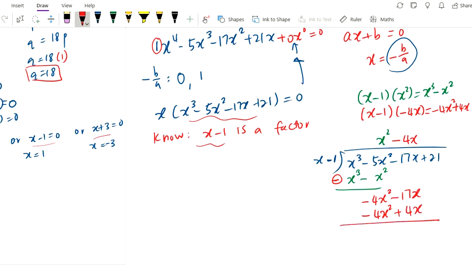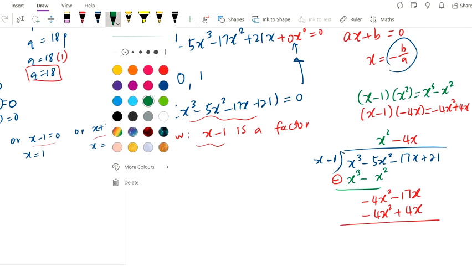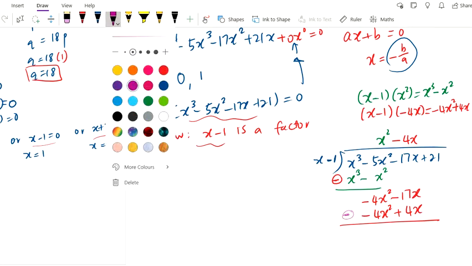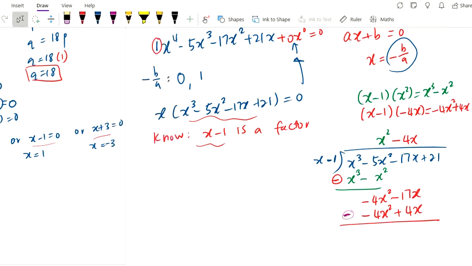Then again, it is a minus. Negative 4 minus negative 4 is 0. Negative 17 minus 4, you have a negative 21x.